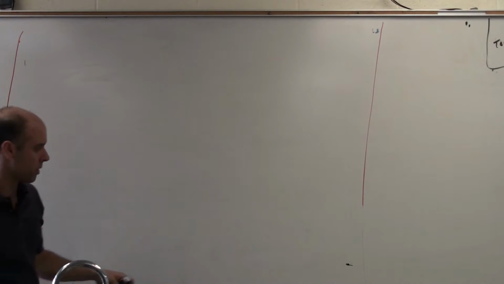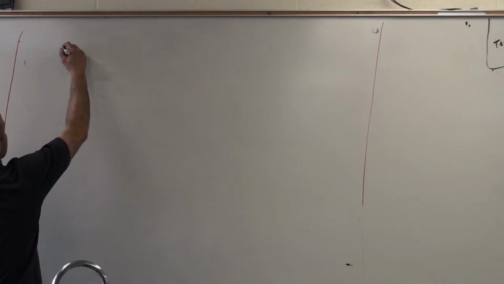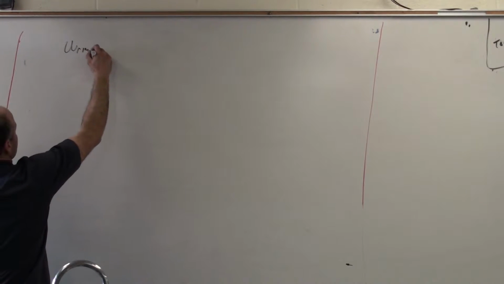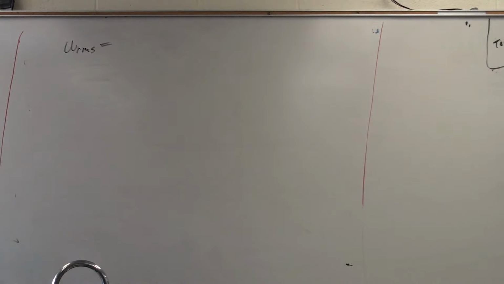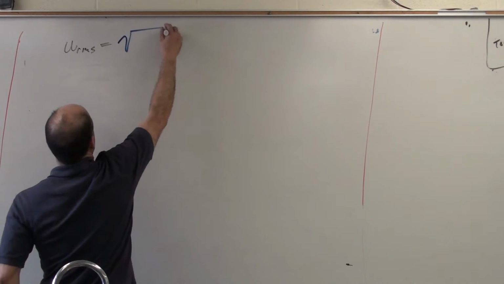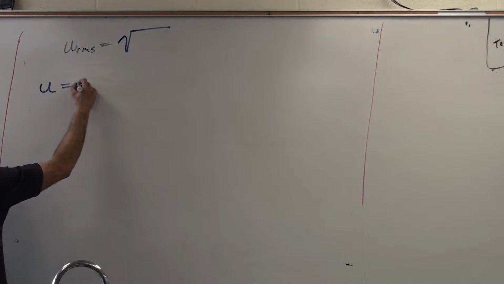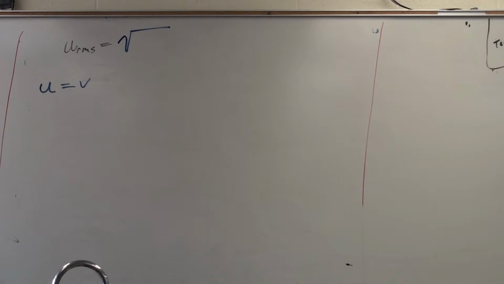Something else we talked about in chapter 5 is the root mean squared. The root mean squared is exactly what it says it is. It's the root of the mean of the square. And we use u, remember u and v are the same thing, velocity.